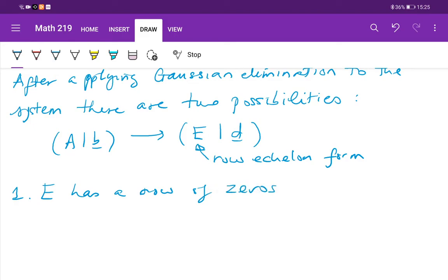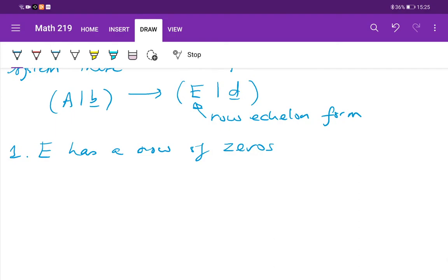If E is square, and it has a row of zeros, for example the last row, then there are at most n minus 1 nonzero rows, strictly less than n rows, and each row has only one leading one.